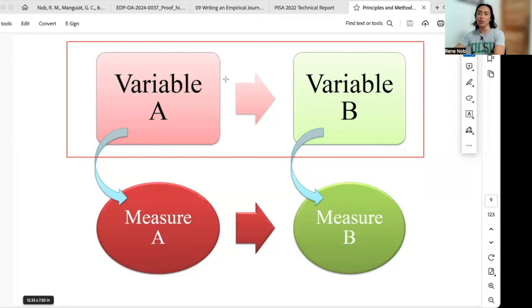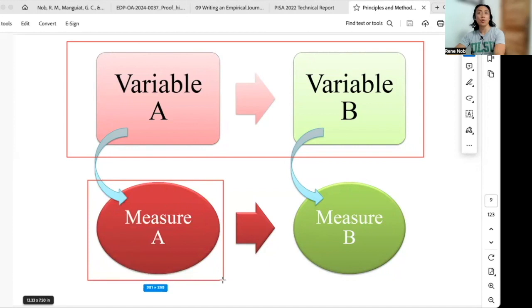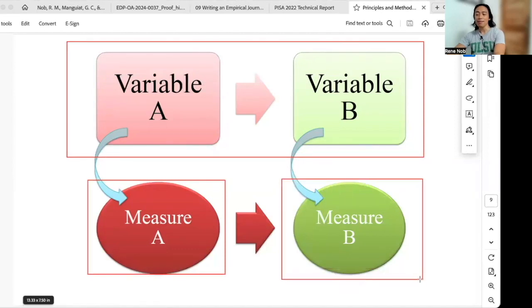And how do we do that? Instead of talking about variable A and variable B, we need things to represent their variation. That's where a specific scale that supposedly measures variable A, which we call measure A, represents the variation of variable A in the sample. And another scale, we call it measure B, supposedly captures the variation in variable B in your sample.